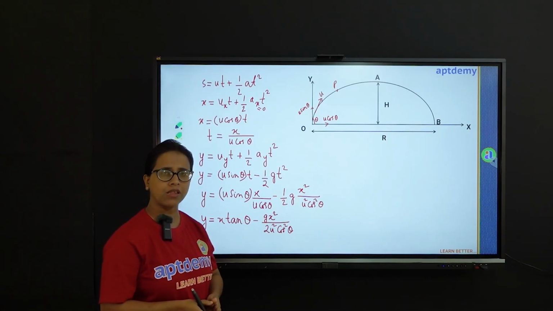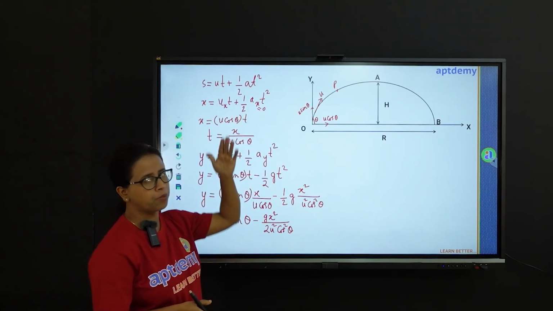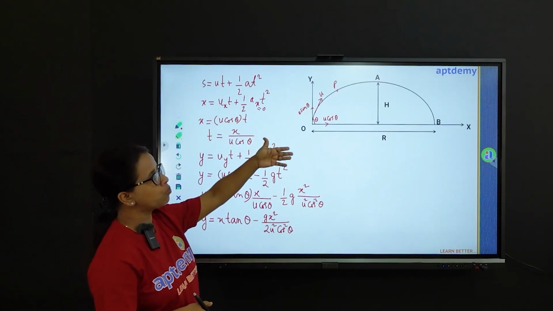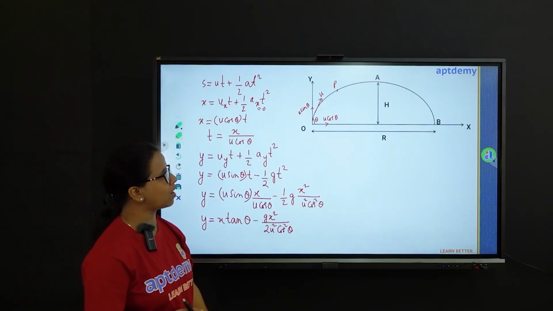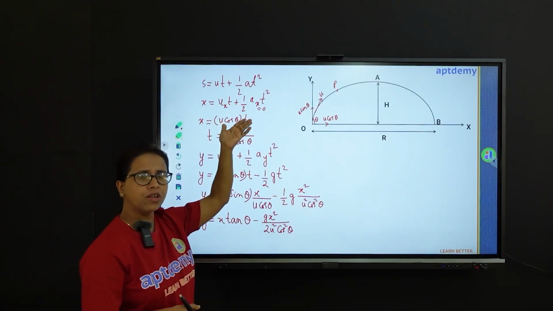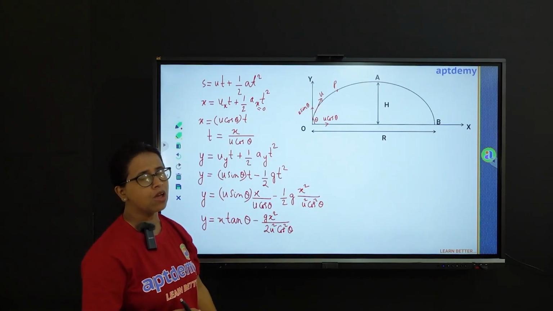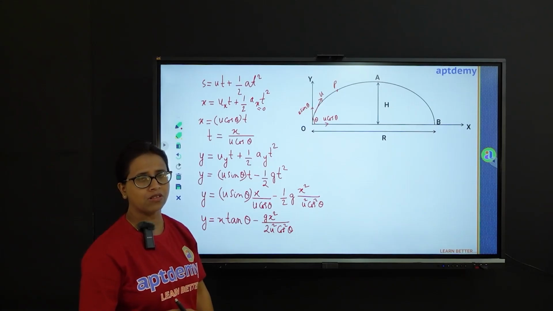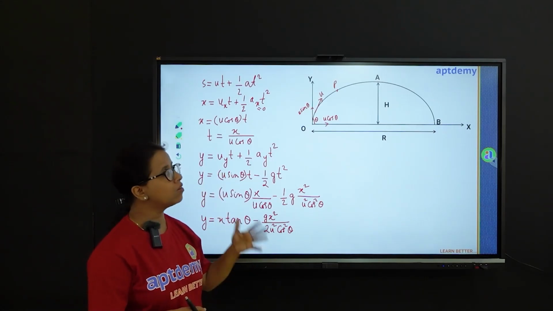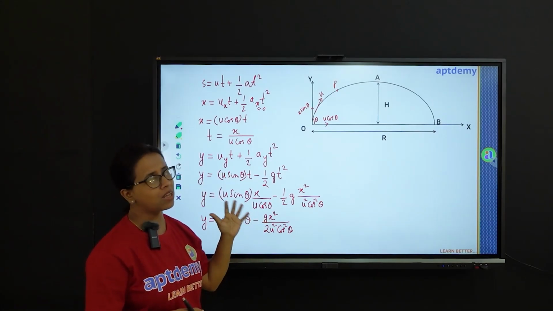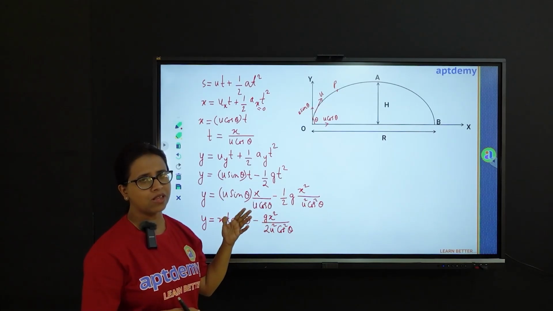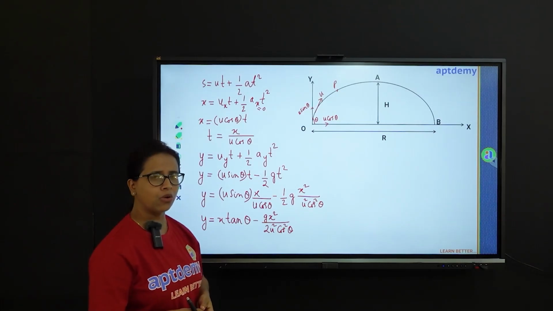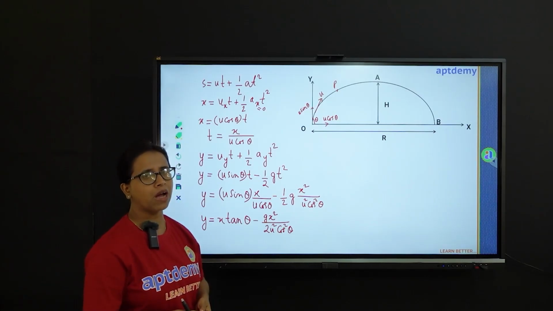So beginning with the maximum height achieved by the projectile. Now have a look at the diagram. Whenever we are talking about the maximum height attained by the projectile, it is nothing but the vertical motion that we are concerned with. So we shall consider this same formula s equals ut plus half at square and try to find out the time taken by the projectile in hitting the ground, and we shall use the expression v square equals u square plus 2as to find out the maximum height achieved by the projectile.